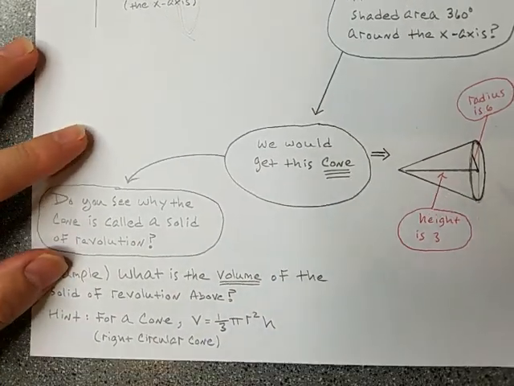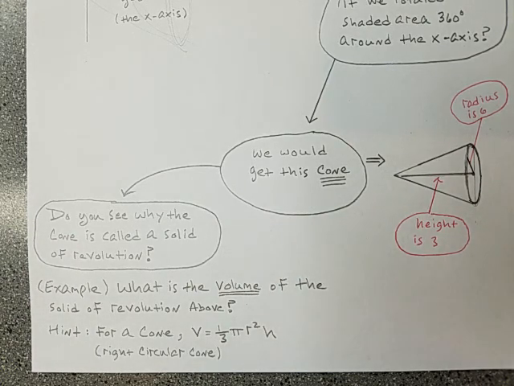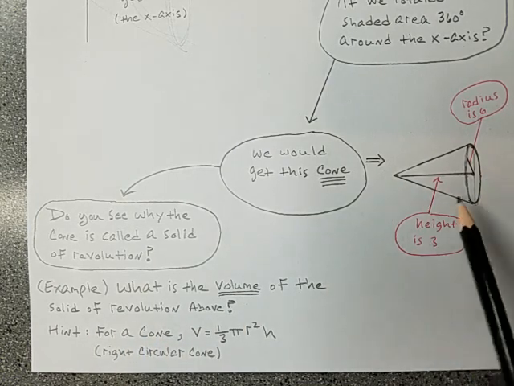All right. Now, let's take a follow-up question. What our lesson is really going to be about is how do you calculate the volume of certain kinds of three-dimensional shapes. All right. So what is the volume of the solid of revolution above? So this one right here.